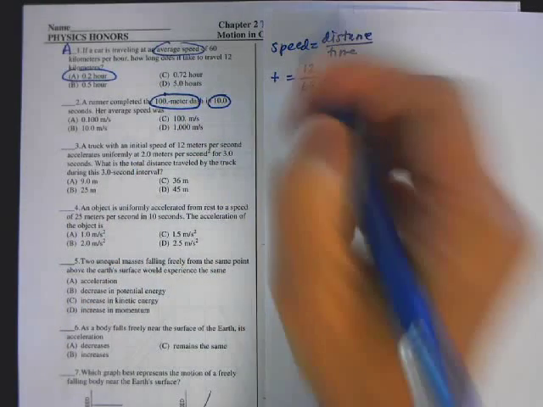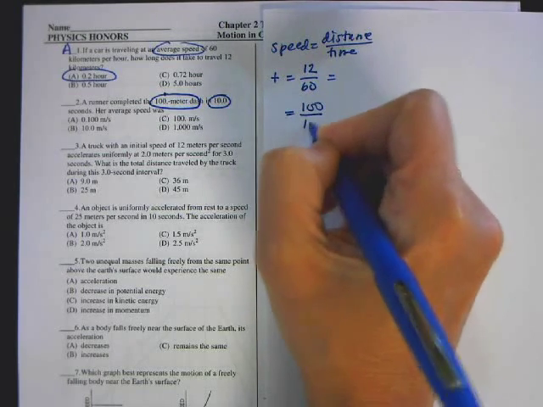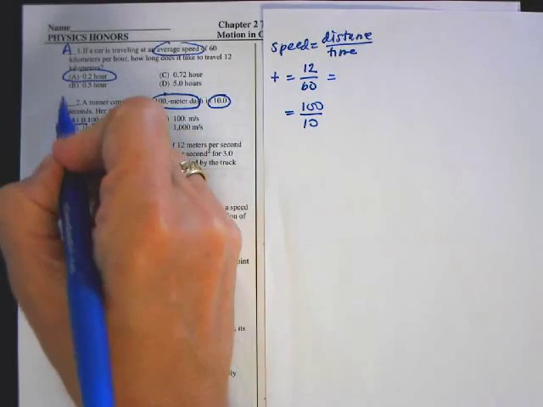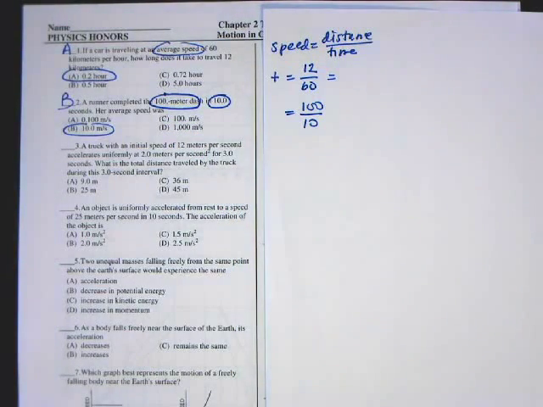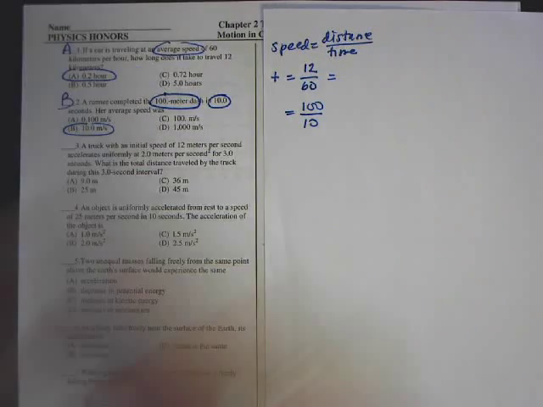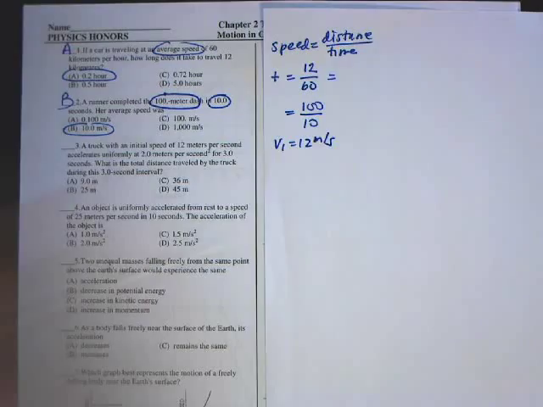Number 3, a truck with an initial speed of 12 meters per second, so that's my initial speed, VI, accelerates uniformly at 2 meters per second squared, so A is 2, for 3 seconds. That's the time.